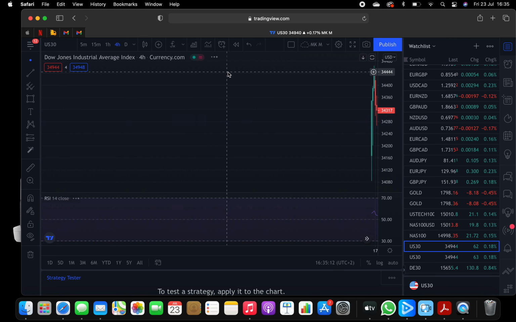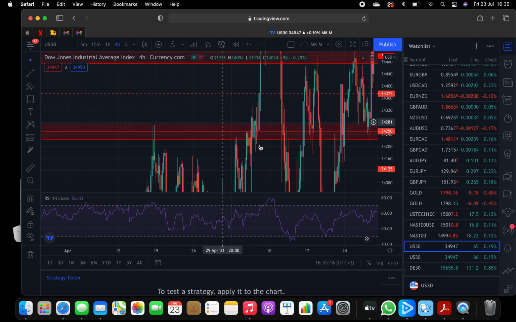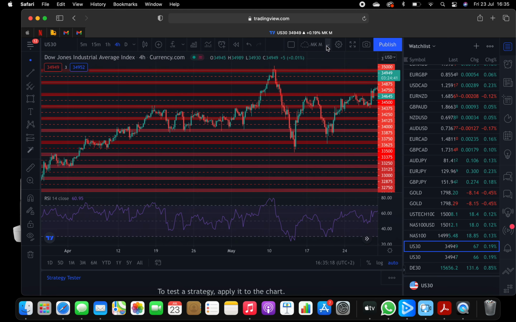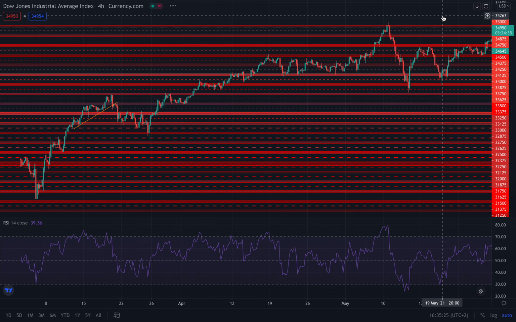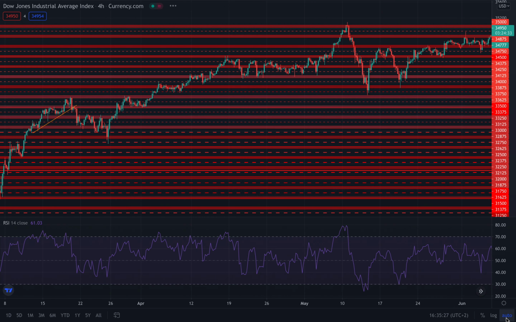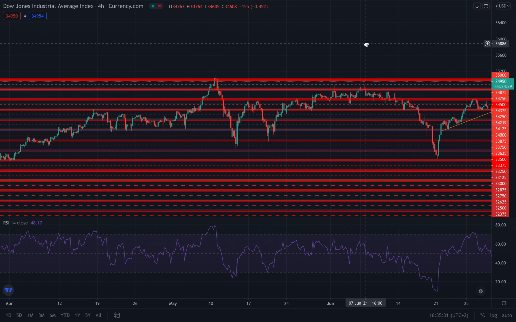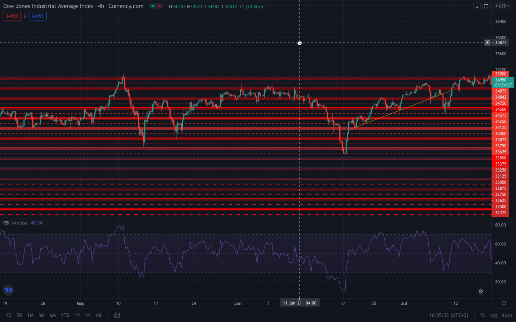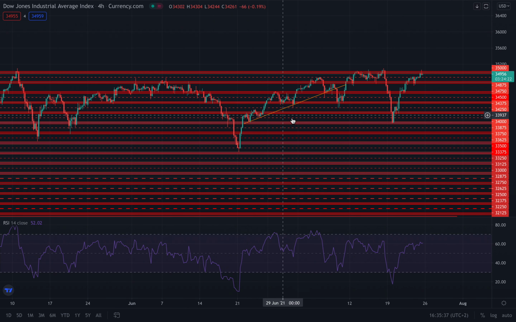Then we're also gonna use the same 4-hour time frame. So I'm just gonna maximize there. Okay, so we'll try and look for a trend line here. Okay, there we have a trend line.